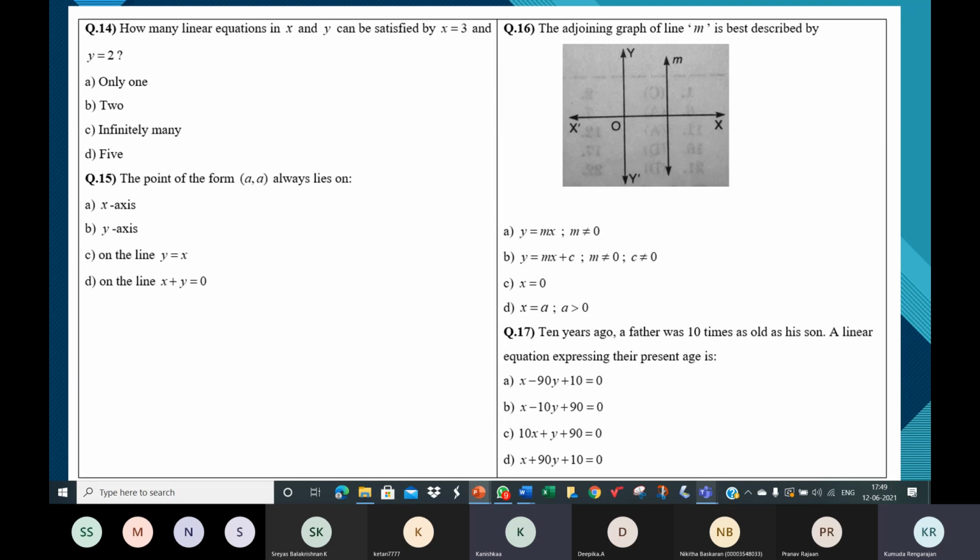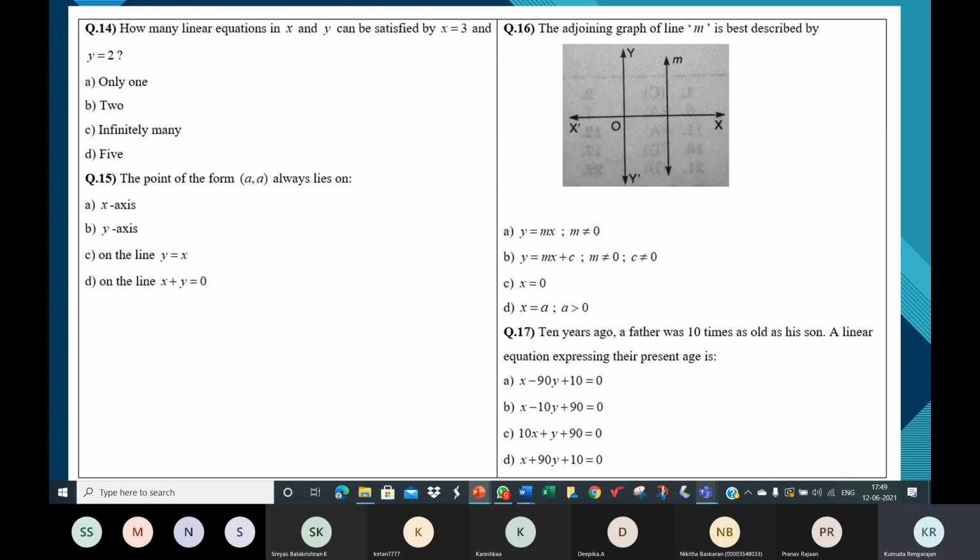X minus 10, ma'am. Father's present age is Y. 10 years ago, Y minus 10. So if the son's present age is X years, his age 10 years ago would have been X minus 10. If the father's present age is Y years, then his age 10 years ago would have been Y minus 10.